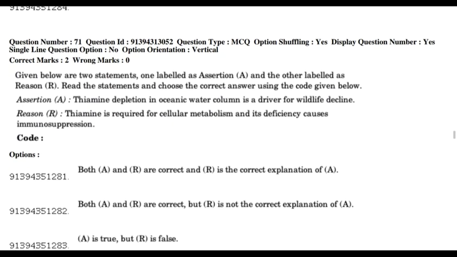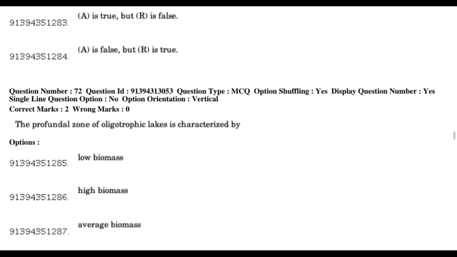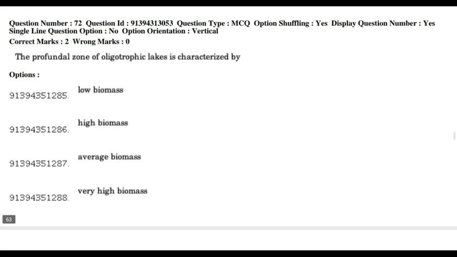Next, the profundal zone of oligotrophic lakes is characterized by what?